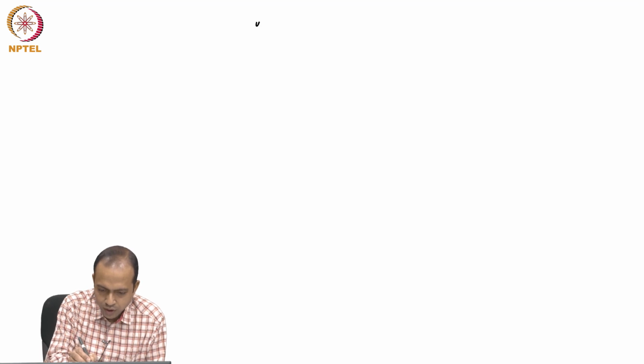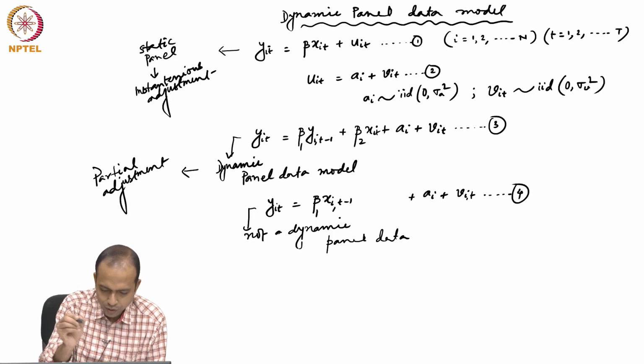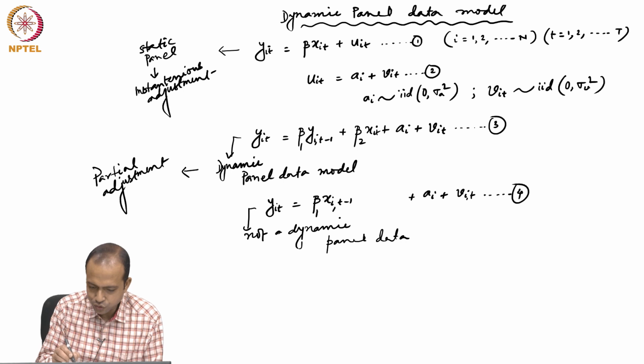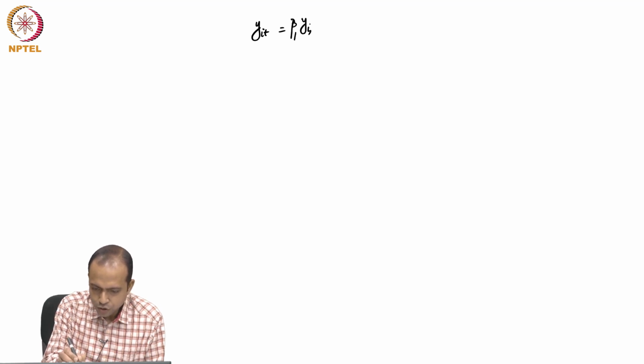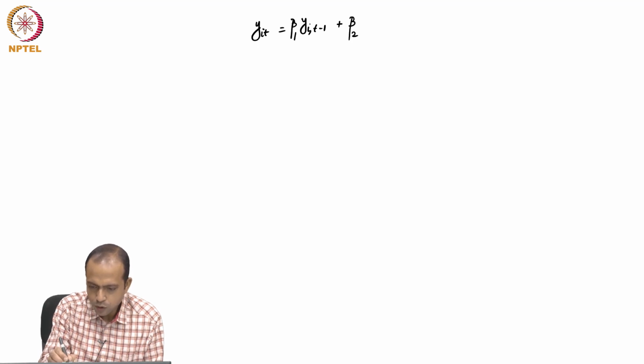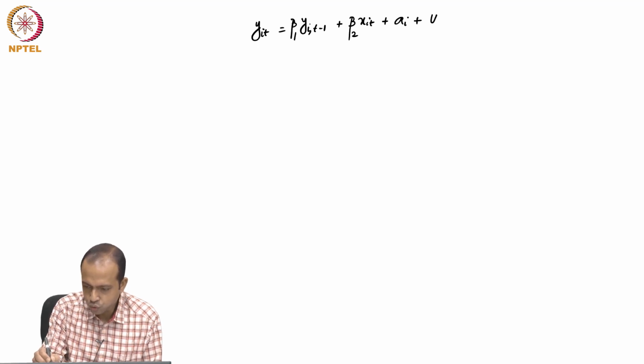So, this is yit equals beta 1 yit minus 1 plus beta 2 xit plus ai plus vit.